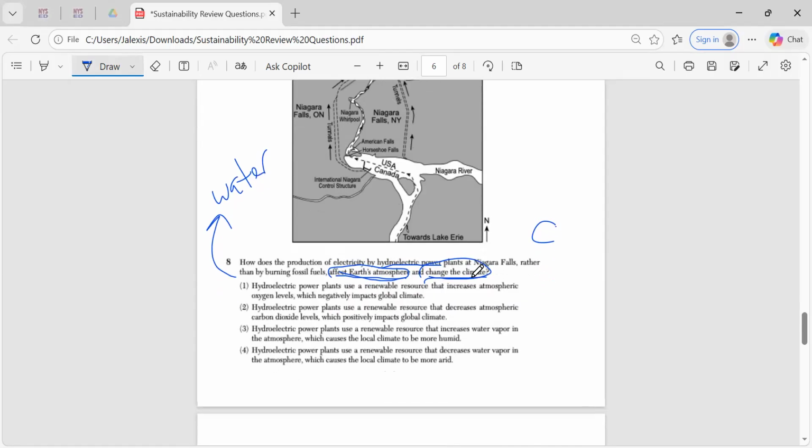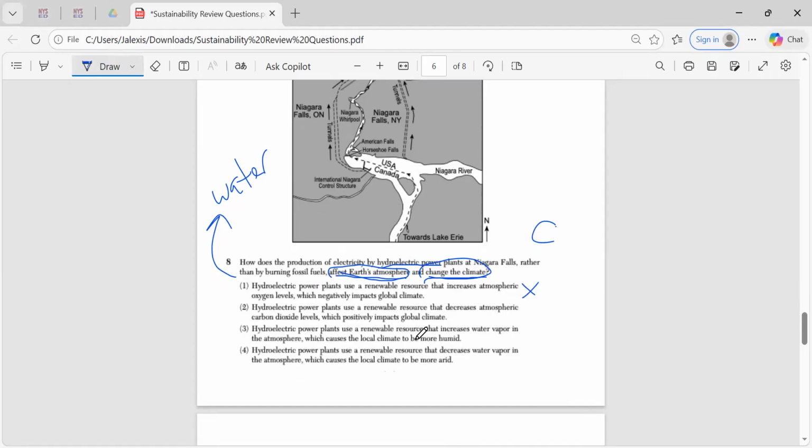It is using water that increases atmospheric oxygen levels, which negatively impacts global climate. Did we talk about how dams increase the oxygen in the air? I don't think we've ever connected oxygen and using dams or hydroelectric power. So this looks funny, so I'm going to pass on that.